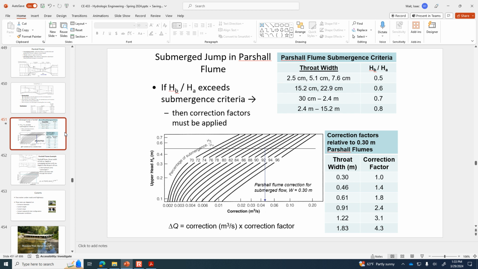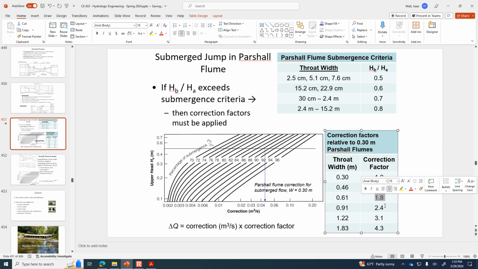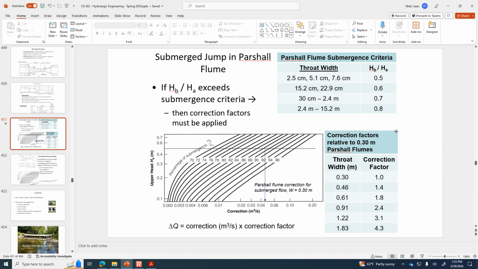And so what they've done is they've looked at how much correction needs to be applied to larger flumes than the one that you have a figure for. And so this is just a ratio of how much the correction should be based on using the throat width of 0.3 as the figure. So this is just a given table. It comes from our text, and I think they've done comparisons of different throat widths and how much the correction factor varies between them.